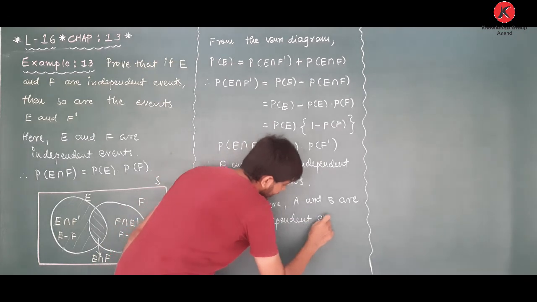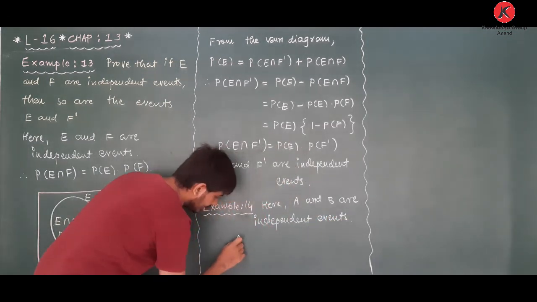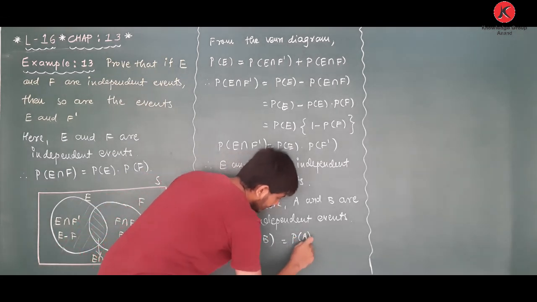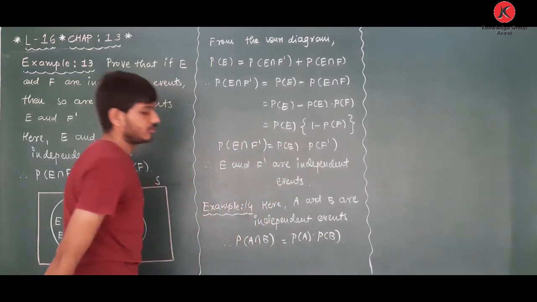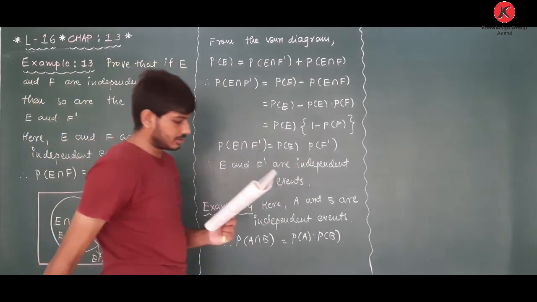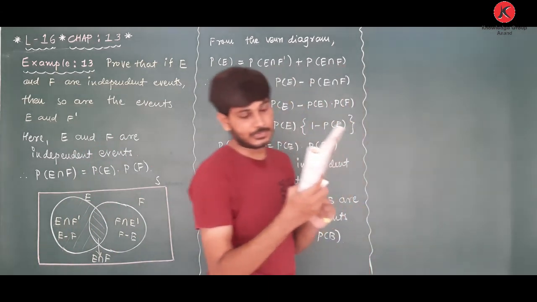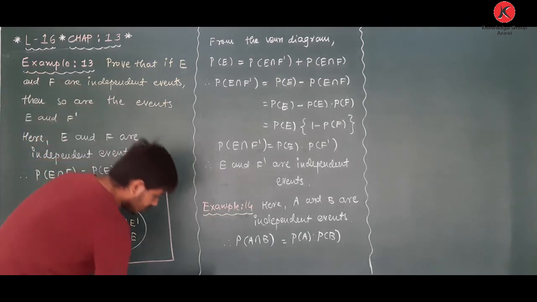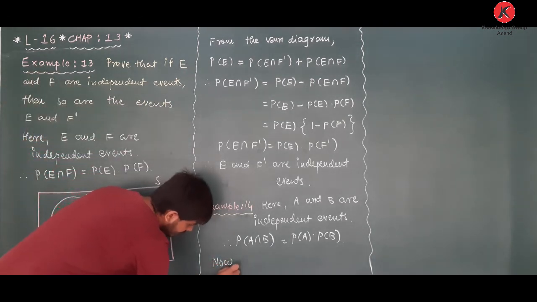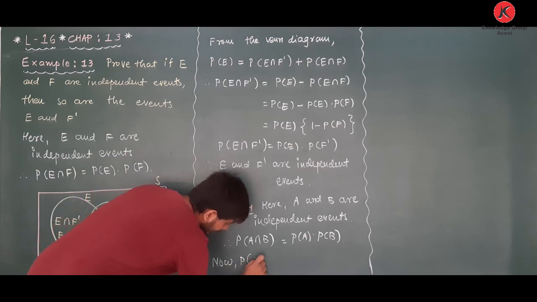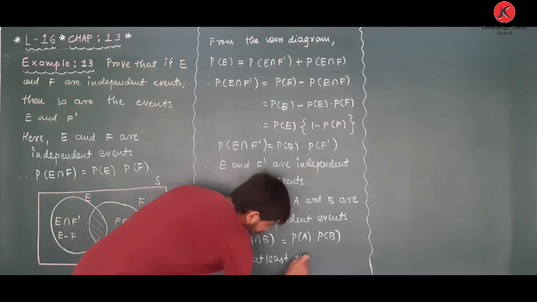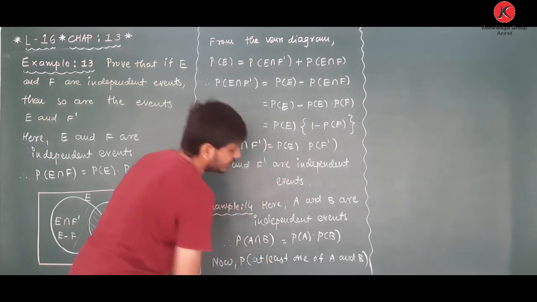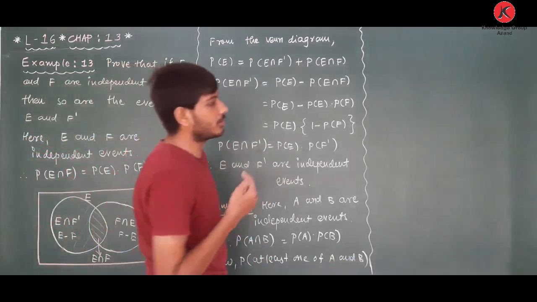If they are independent events, then we can write the probability of A intersection B equals probability of A into probability of B. Now we have to find the probability of at least one of A and B. So what is the meaning of this? At least one of A and B. At least one means one or more than one.